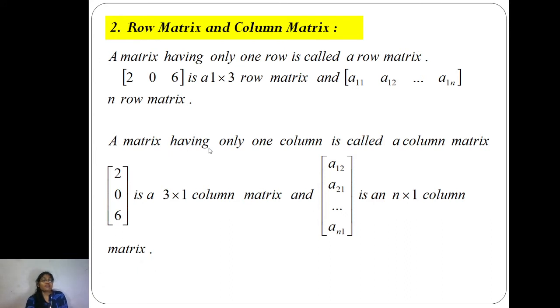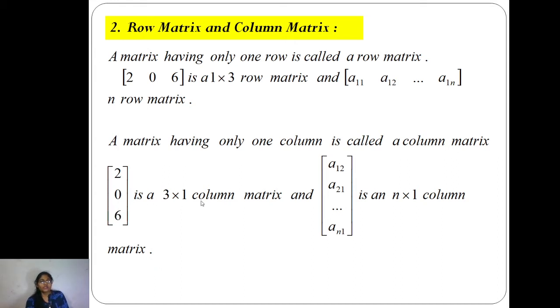Okay, a matrix having only one column is called a column matrix. For example, 2 0 6 written as a single column, number of rows 3: 2 is the first row, 0 is the second row and 6 is the third row.